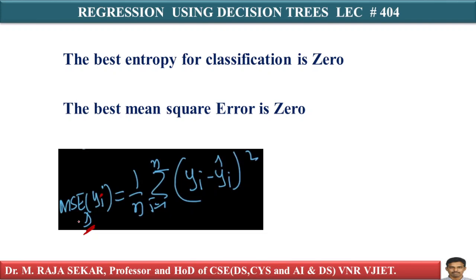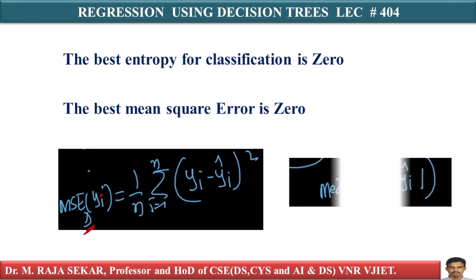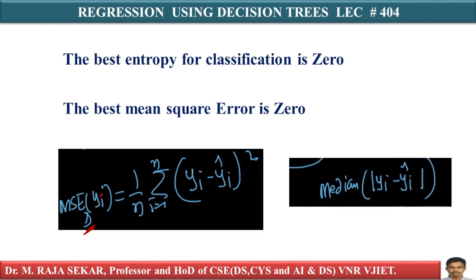Similarly, mean absolute error, I can say mean absolute deviation, isn't it? How can I calculate it? It's very similar: take the median of absolute errors, that is the median of mod of yi minus yi cap.